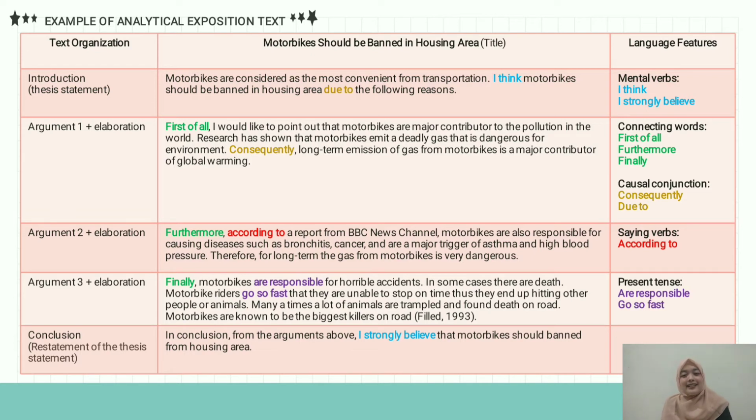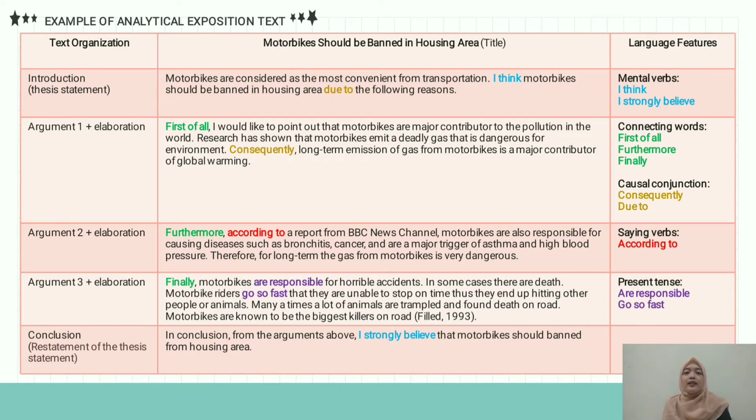Okay? Now kita akan lihat benar tidak teks ini menggunakan language features. Di sini ada I think, I strongly believe. Nah, ini menggunakan mental verbs ya. Kemudian di sini ada first of all, furthermore, and finally. Itu menambahkan informasi dalam teks tersebut ya.